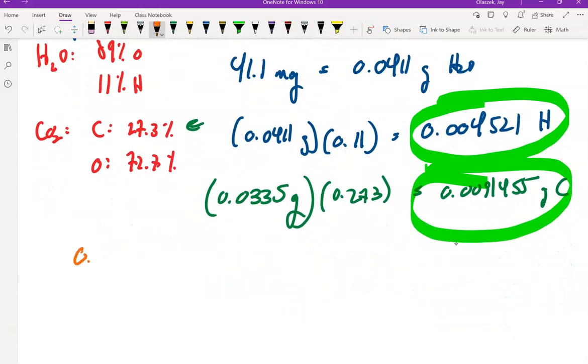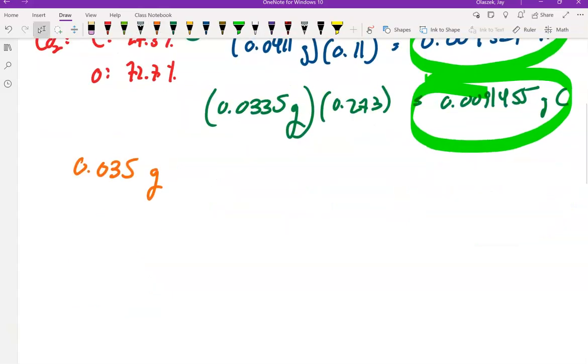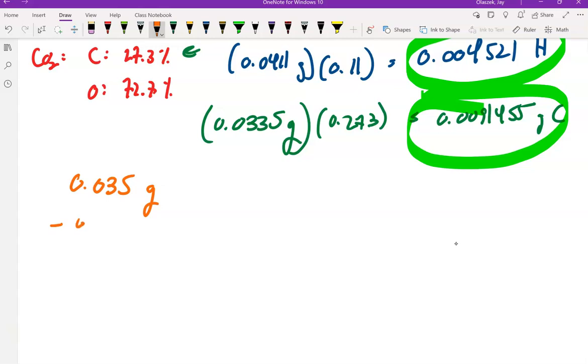So 0.035 grams total. From this, we subtract the mass of the hydrogen, 0.004521, and we subtract the mass of the carbon, 0.0091455. This is going to tell us how many grams of nitrogen we're talking about.